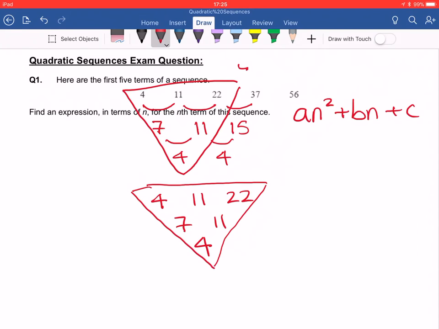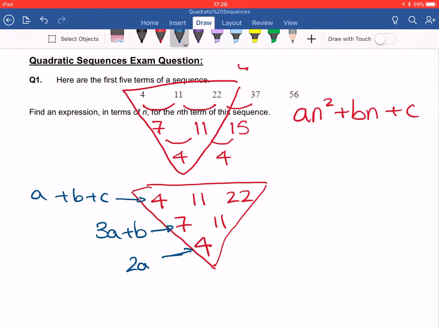Now, if we memorize the algebraic expression for the first term, it ends up as a plus b plus c. And if anyone wants to know why, then speak to one of us and we can go through it. The second level is given by 3a plus b. And then the last level is given by 2a.